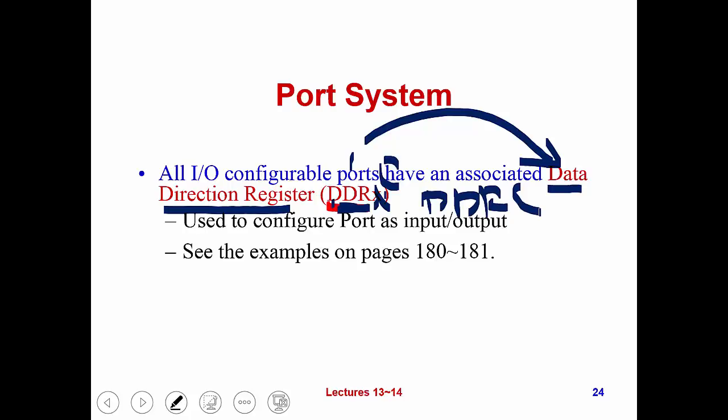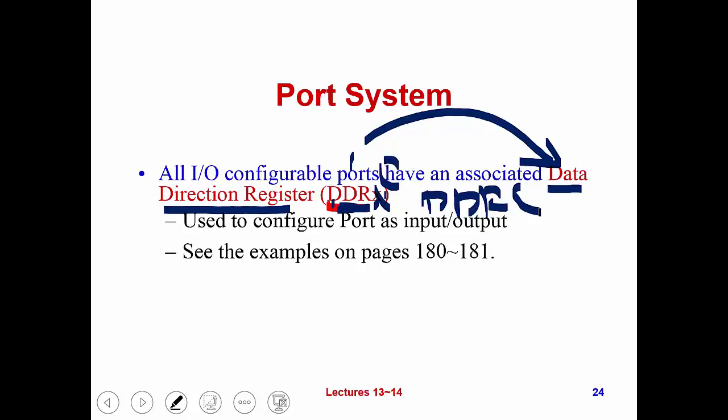we call it DDRC. You see, at the beginning, as I showed you in the example on page 179, we used EQU. We equate DDRC as 0006. So what's that? That's the address of the data direction register for port C. In other words, the memory location at 0006 is dedicated for the data direction register for port C. So we equate 0006 to DDRC.